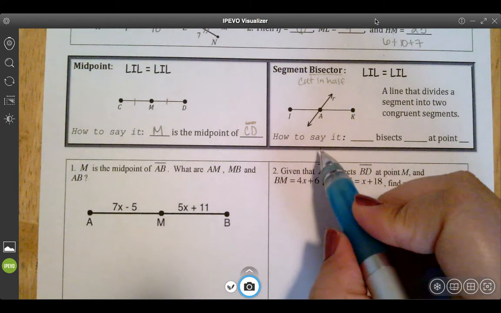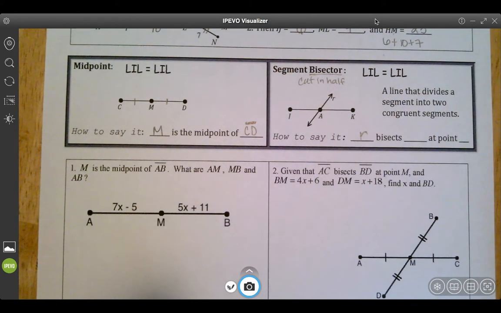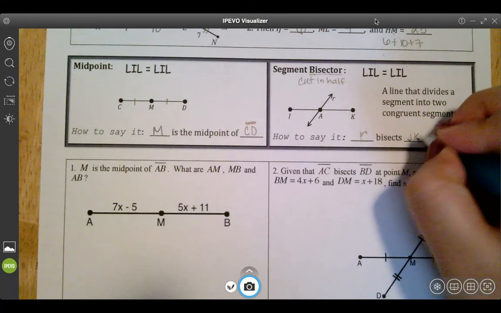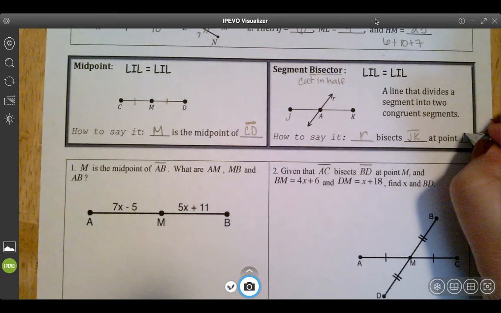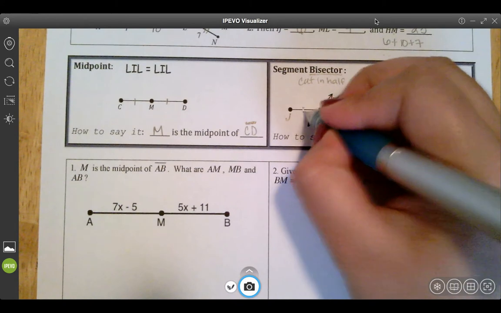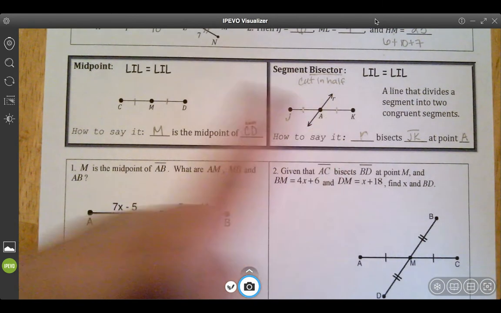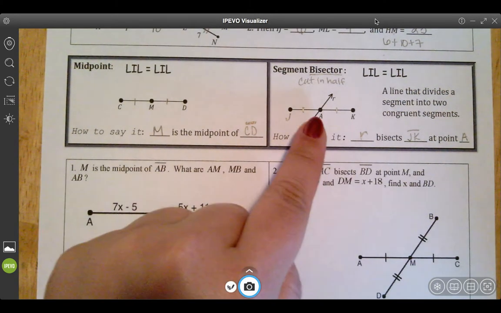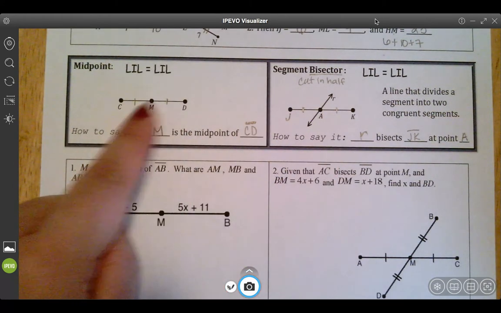So if I say that line R bisects segment JK at point A, then we can say that these two segments are congruent. Now I'm using one tick mark again because this is a different diagram than we were looking at before. Okay, so these two segments are congruent.